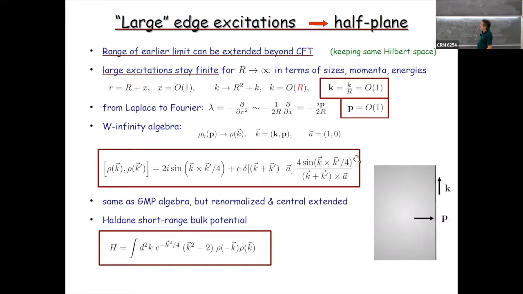So K and P are two momenta, on the edge and in the bulk, which are finite when I send R to infinity. Okay, I can extend the setting to allow excitations which have a finite extension in the bulk. And the algebra takes a very simple form in this limit. It's all straightforward computation, just applying this limit correctly.